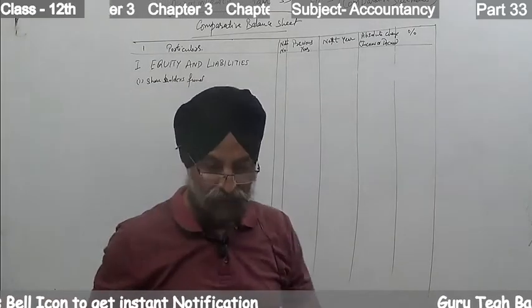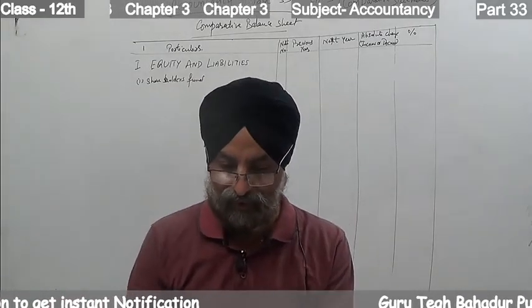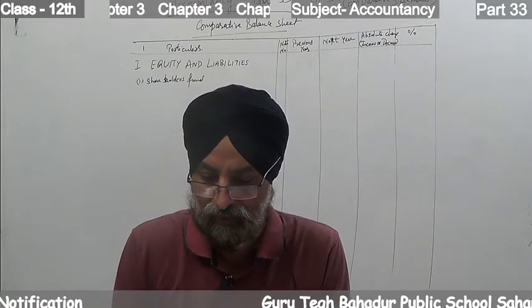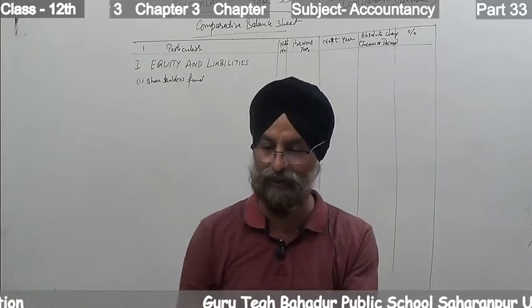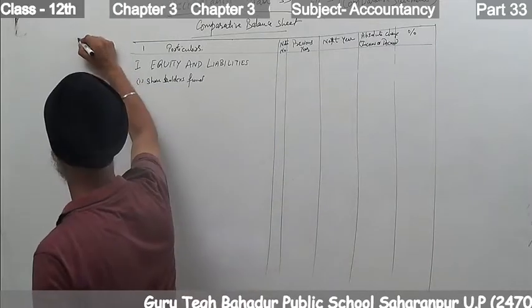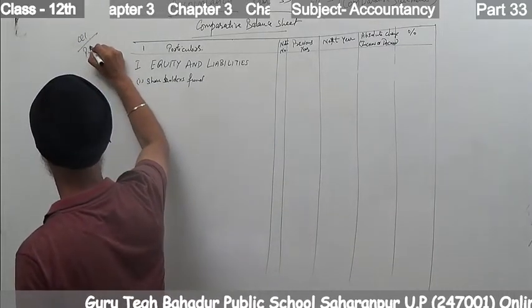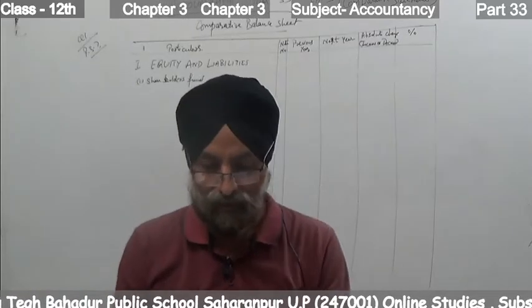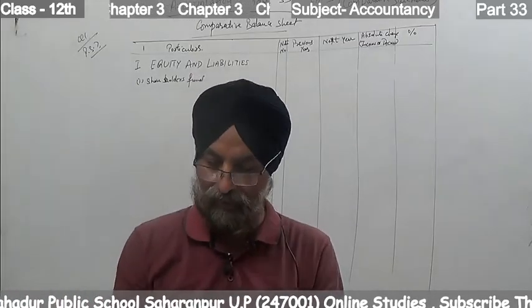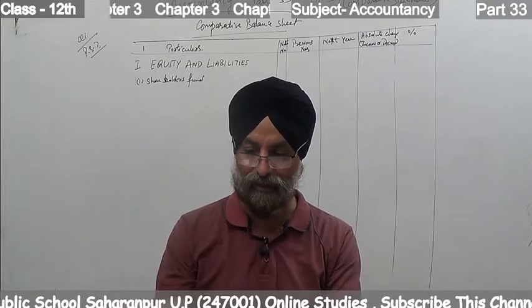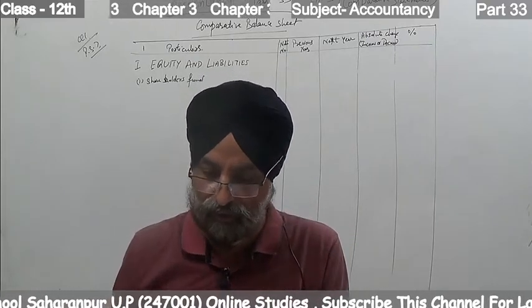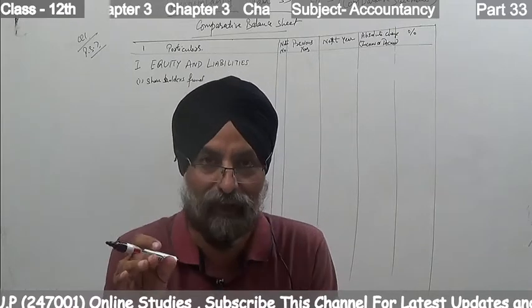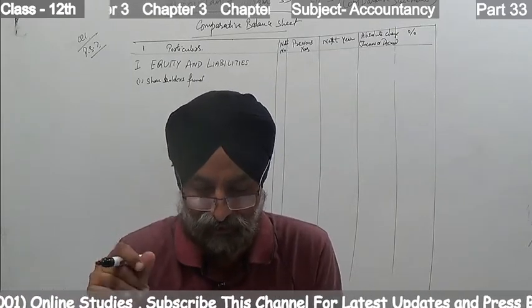Students, to understand more effectively, you have to see the first question, question number 1, page 3.7. In this question, the following is the balance sheet of X Limited as on 31st March 2019 and also 2018. The values of 2019 and 2018 are given here.